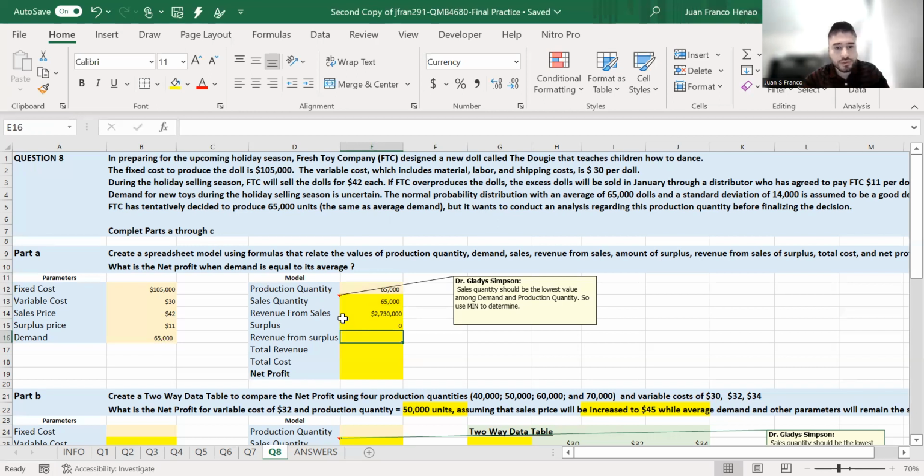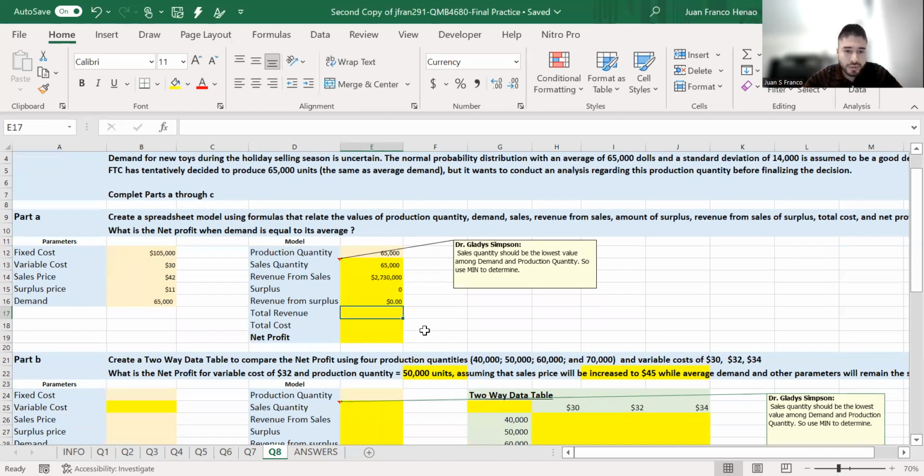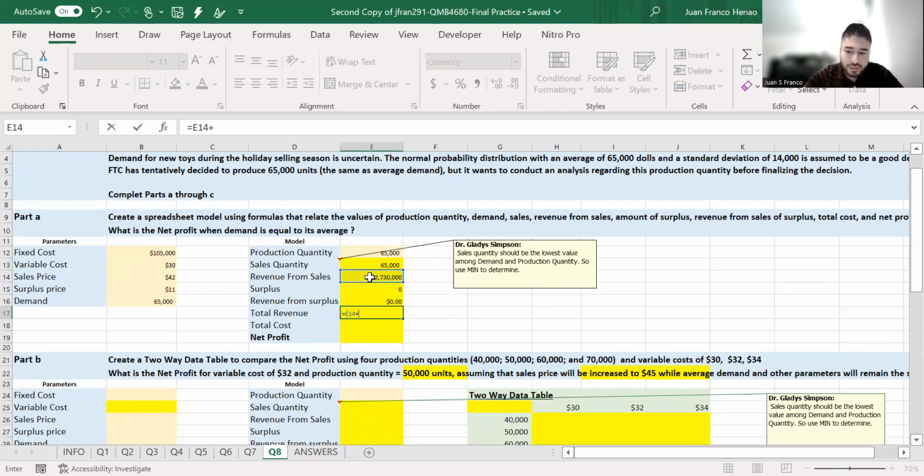In this case, it is 0. We sold everything, and the revenue from surplus should be 0 as well, because we sold everything. So it would be surplus times surplus price, 0.